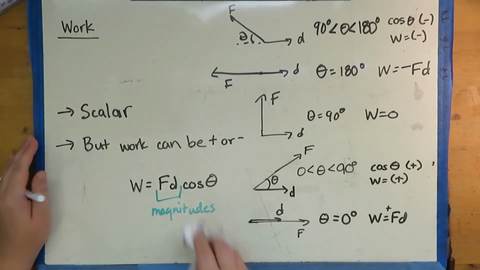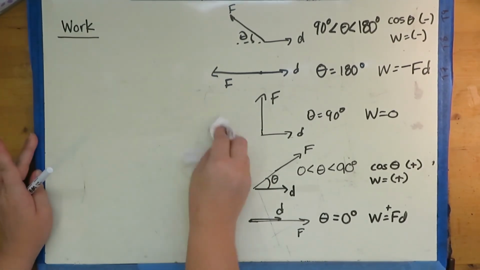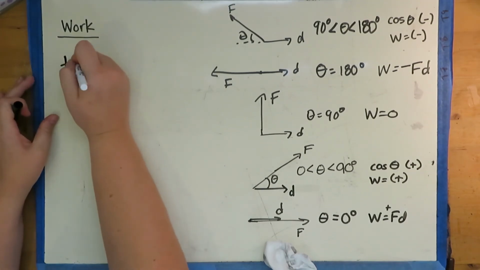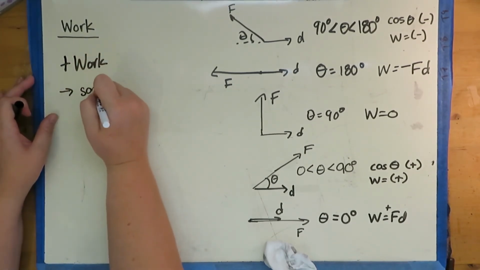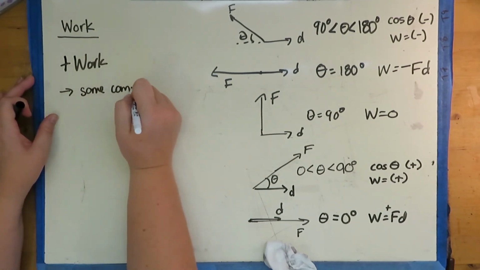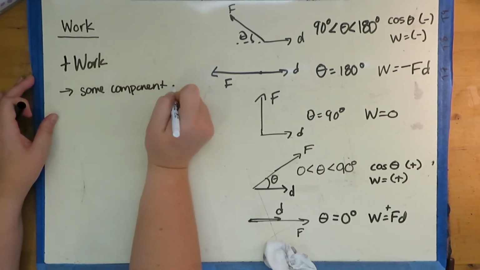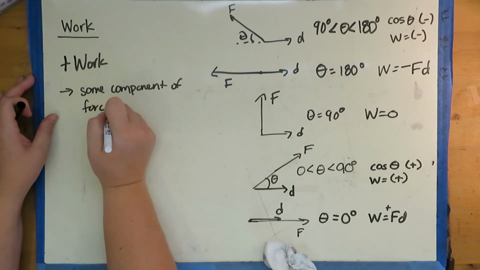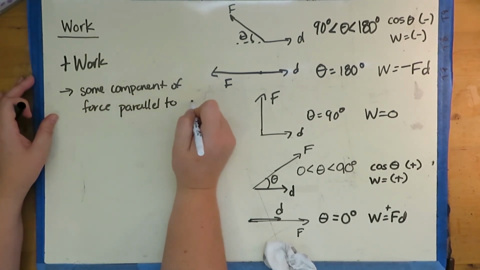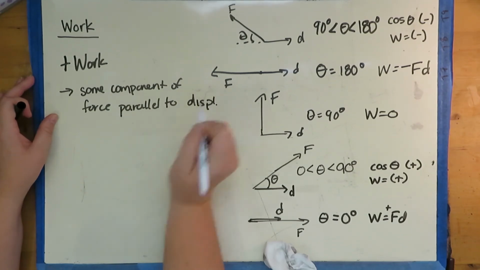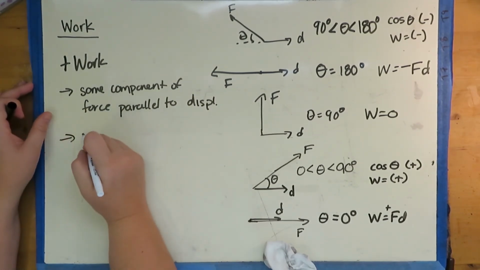So a positive work means that you have at least some component parallel to the displacement. And that's going to have a tendency to cause objects to speed up.